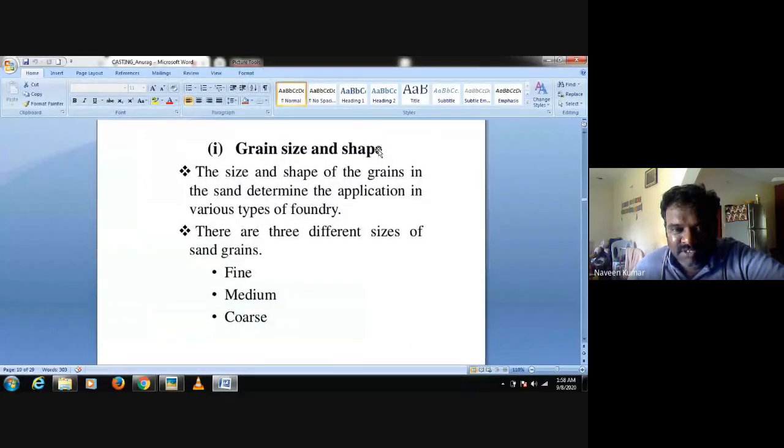Please take a note: properties of molding sand. Take down the first one: grain size and shape.